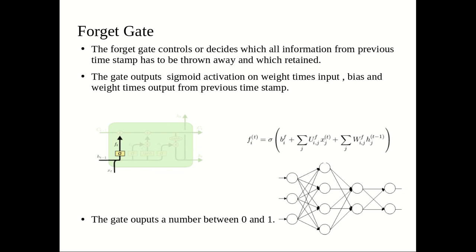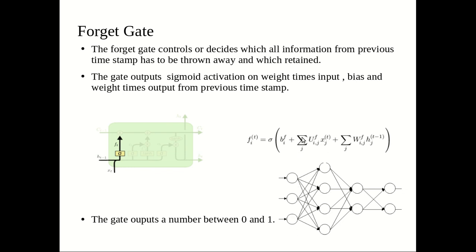Now the forget gate value is computed over the inputs and the hidden state outputs from the previous time step. The i indexes the cell. So let's say this is the network that we are considering. This is the ith cell, and j corresponds to the neurons in the previous layer from which the input x is coming towards the ith cell, and Uij corresponds to the weights of these connections.